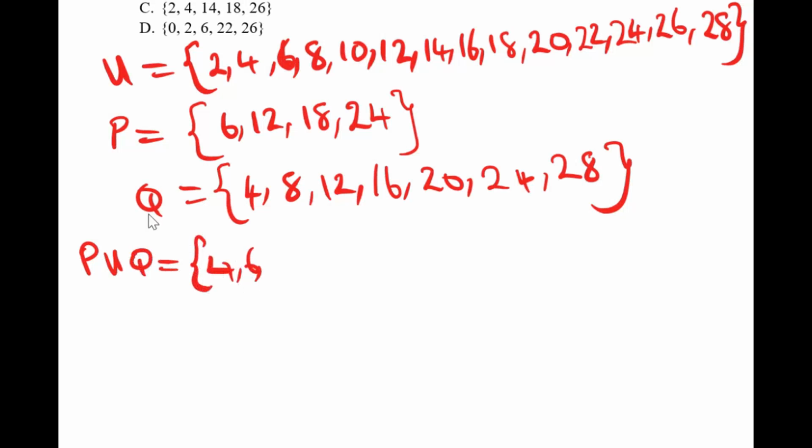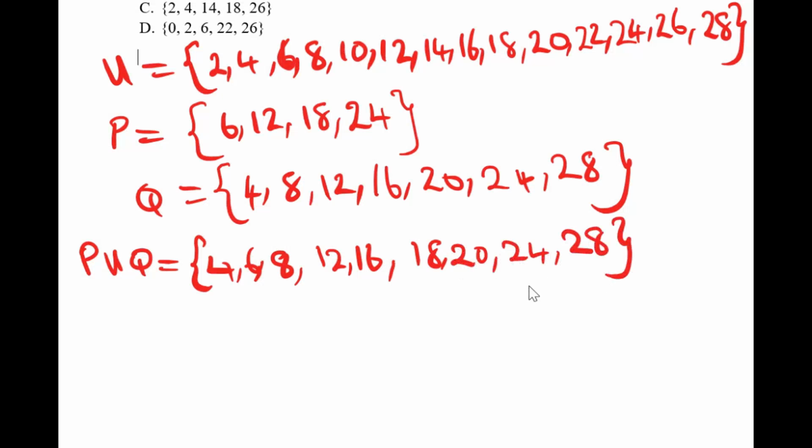That's writing the elements of P and those of Q without repeating any number. We have 4, 6, 8, 12, 16, 18, 20, 24, and 28. This is P union Q.